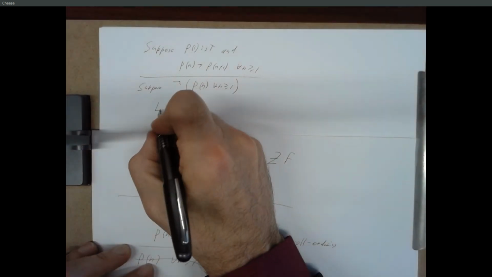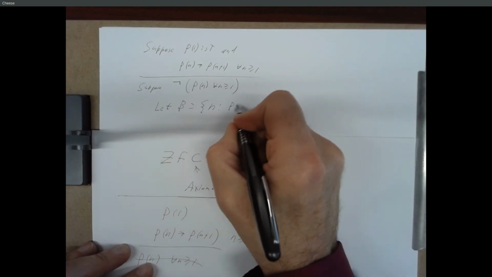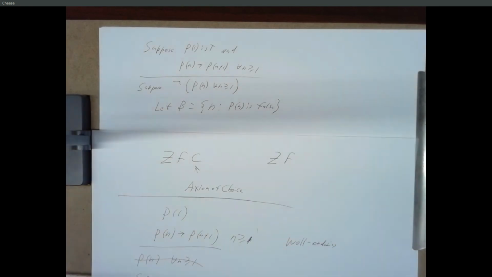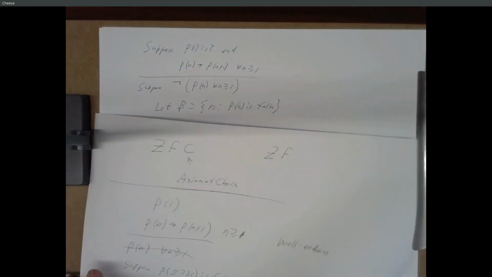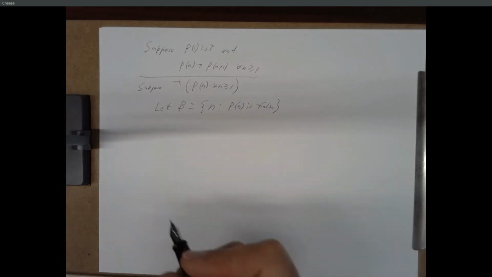Okay, so let B equal the set of all n such that P of n is false. So that's the bad set. The collection of all numbers n for which P of n is false. And it's a collection of positive integers.